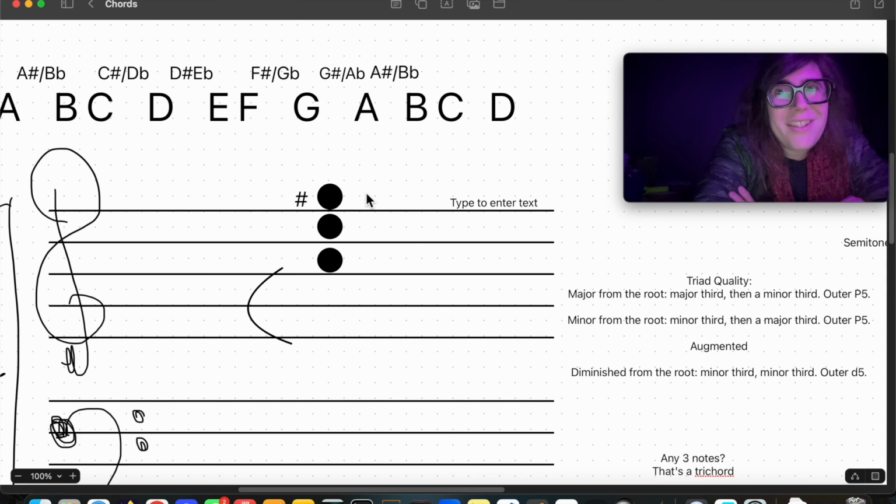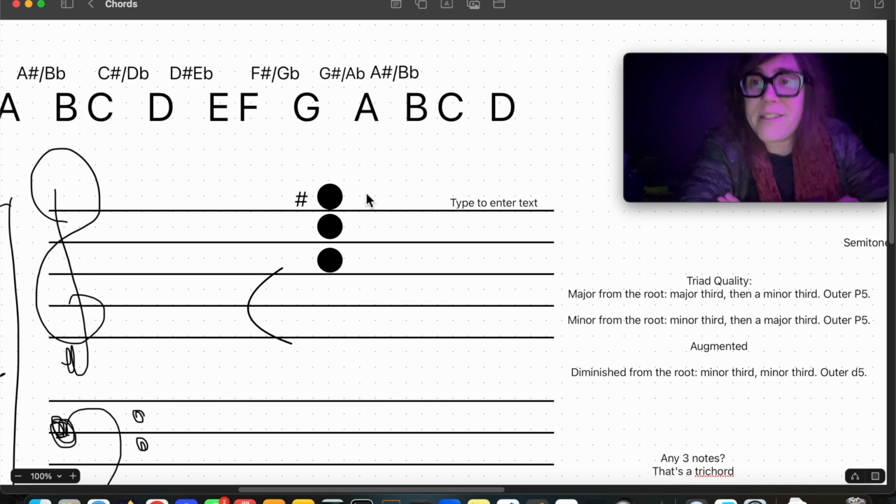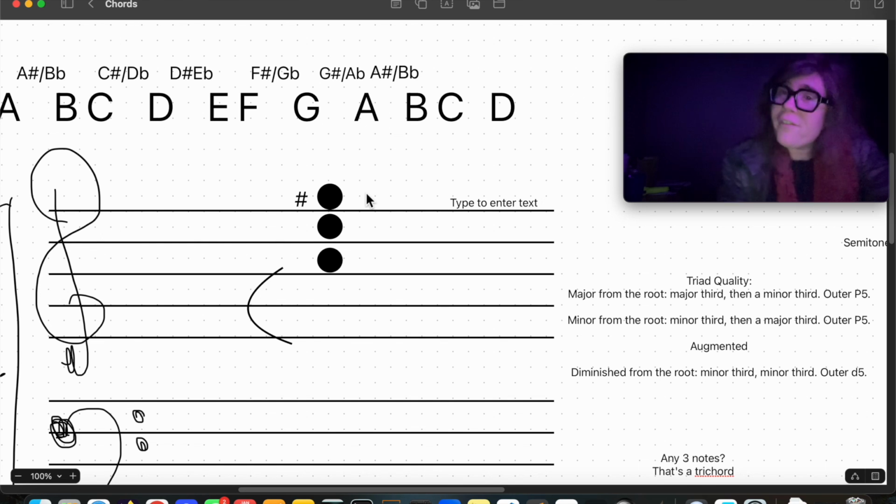We kept the E in the G sharp, and B sharp is enharmonic to C. There's a similarity here, that C augmented is like E augmented. Because they're symmetrical in their construction, that means that they repeat themselves. That's a story for another day, though, just to plant that idea in your mind.